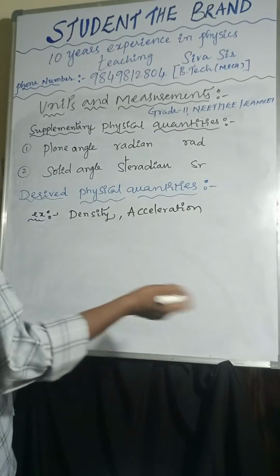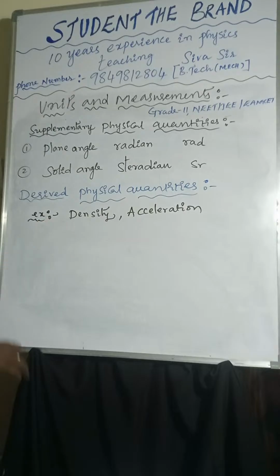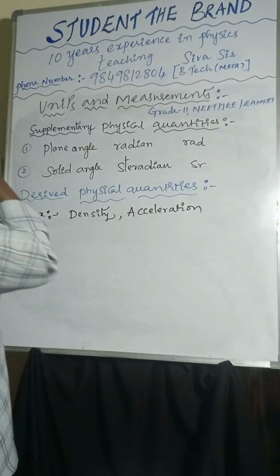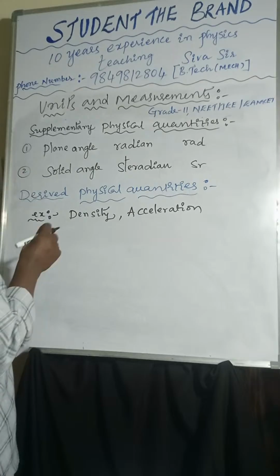So derived physical quantities are the quantities which can be derived from the remaining physical quantities.